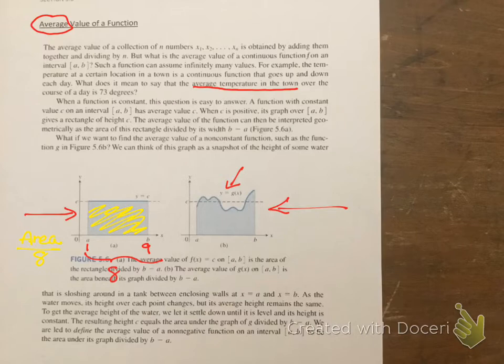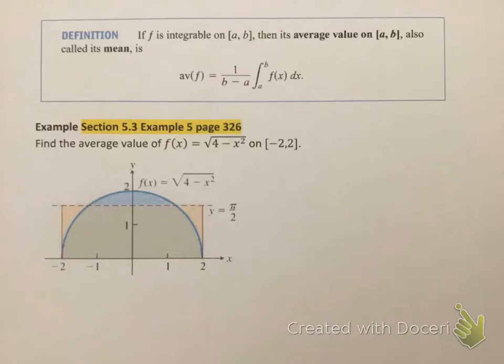So we are going to find the average value of any kind of function that we want using this idea, and we know that to find the area under a curve, we use an integral. So let's look at the definition here on this next page.